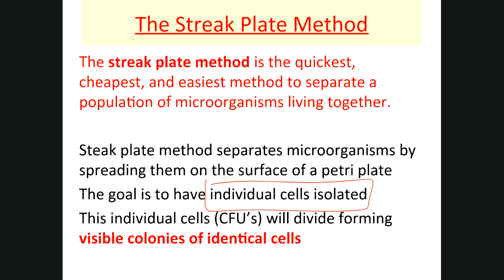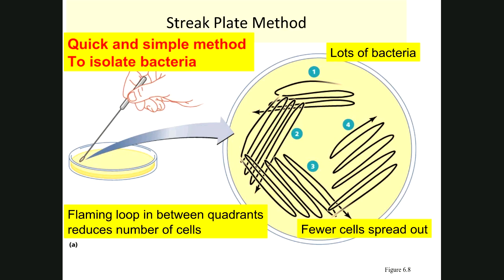Another purpose of this plate would be to separate a mixed culture. If you have a mixed culture and you streak it for isolation, you should be able to see isolated colonies belonging to each of the organisms in that mixed culture, and then you will be able to separate them. So this is basically how the technique is done.